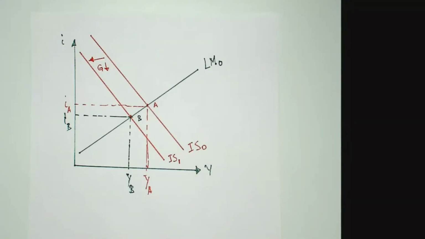This curve, similar to 15.1, represents the reduction of government expenditure, or contractionary fiscal policy.